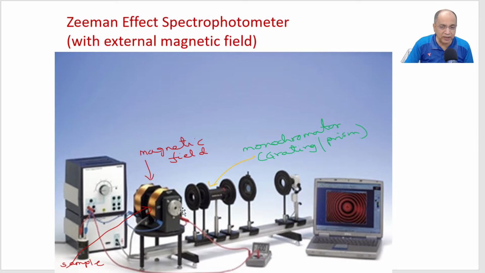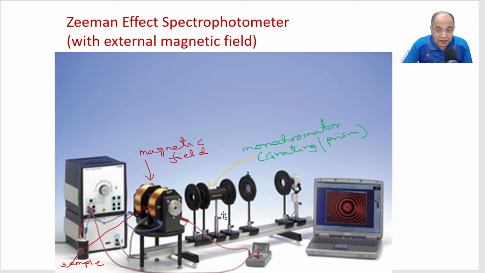If there is no magnetic field or electric field which is encircling or engulfing the sample, the sample will be kept inside, in between the two poles of the magnet. If the sample will be in the vapor form, in atomic form, it will be kept, right? And if there is no magnetic field, just switch off, no current. So that is an electromagnet. So there is no current, no field.